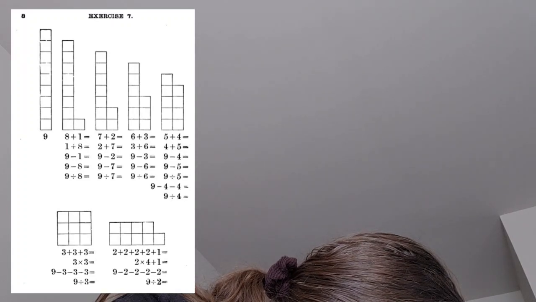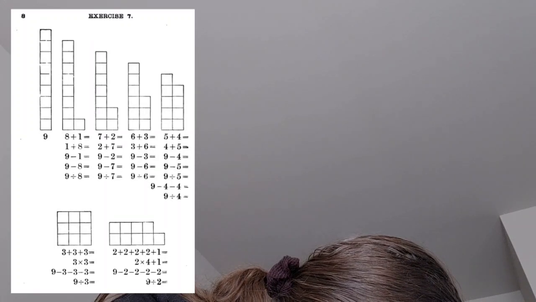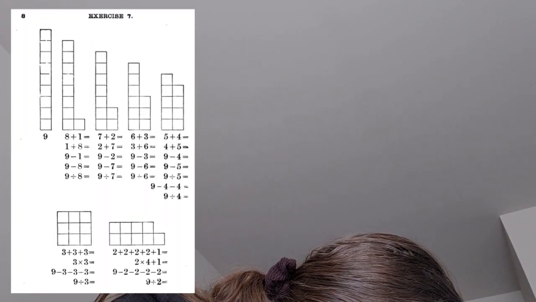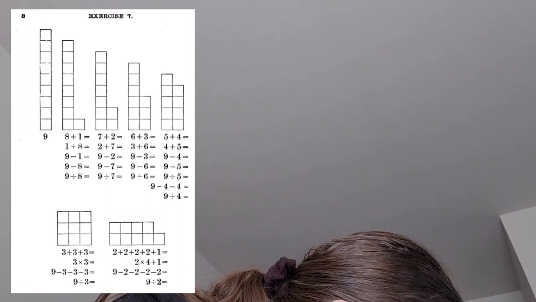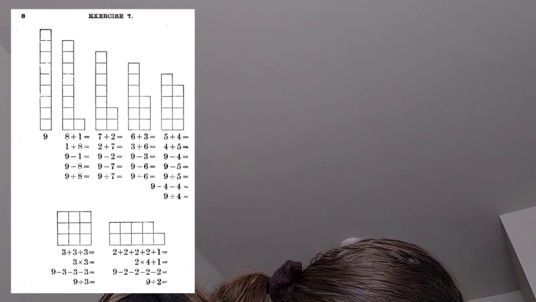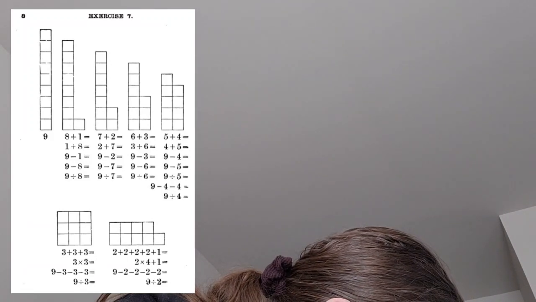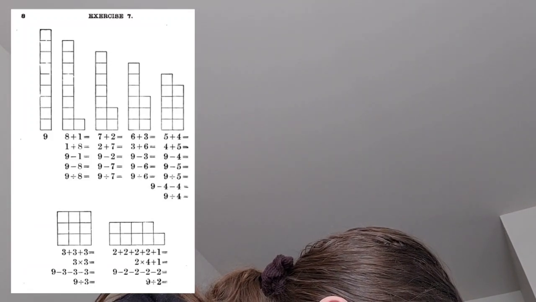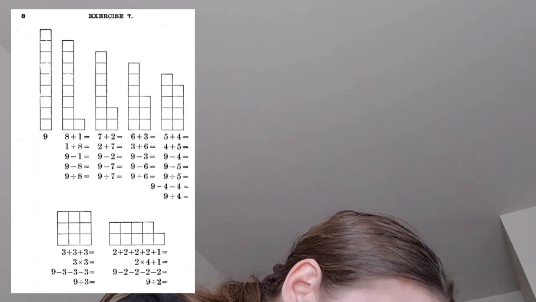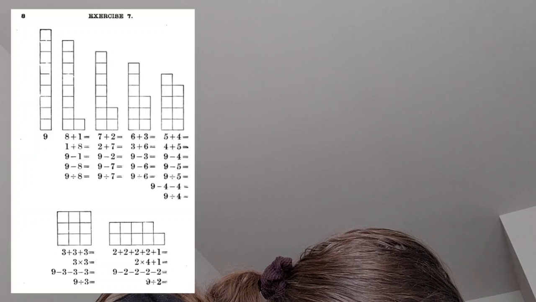No, I don't think I did that right. 1, 2, 3, 4. Yeah, 9 less 2 less 2 less 2 less 2 is 1. Okay. 9 divided by 2 is 4 and 1/9. I'm looking at the blocks because I don't know, but it kind of helps.